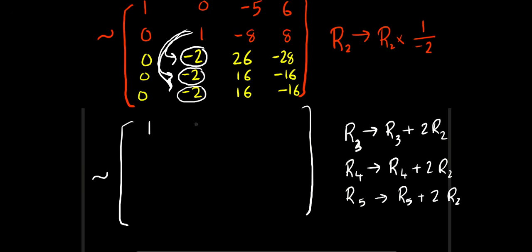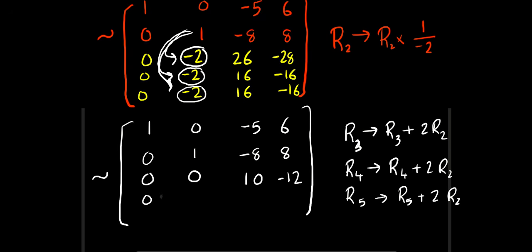So I'm going to get 1, 0, minus 5, 6. And then 0, 1, minus 8, 8. And then 0, of course this will be 0. And 26 minus 16. And that's going to be 10. Minus 28 plus 16. And that is going to be minus 12. And then 0, 0, 0, 0, because it's minus 2 times minus 2 times that.